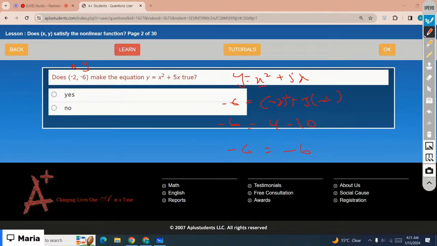So yes, the point (-2, -6) satisfies the given equation y equals x squared plus 5x. For this one, the correct option is yes.